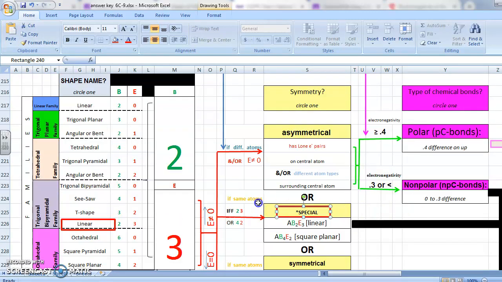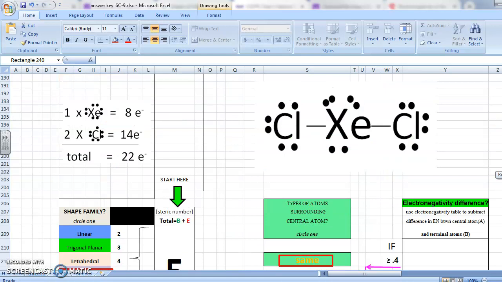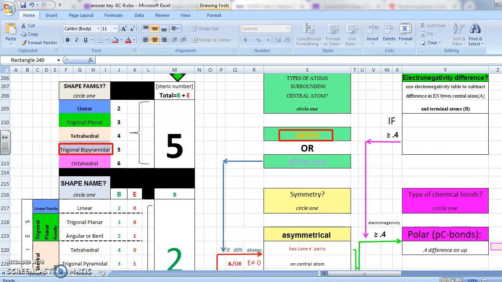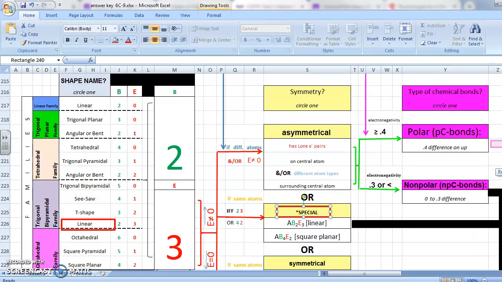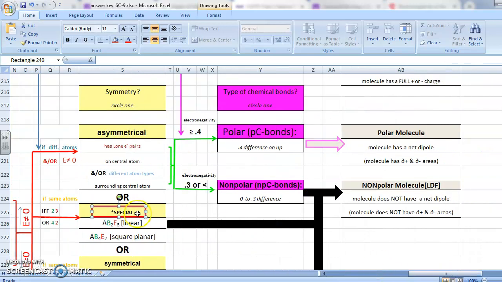And the atoms are the same. If the atoms were different, if they weren't both, in this case, chlorines on the xenon, the atoms are the same. If one was chlorine and one was fluorine, then it would be asymmetrical. Different atoms puts it as asymmetrical. With this molecule being special, the atoms are opposing each other.